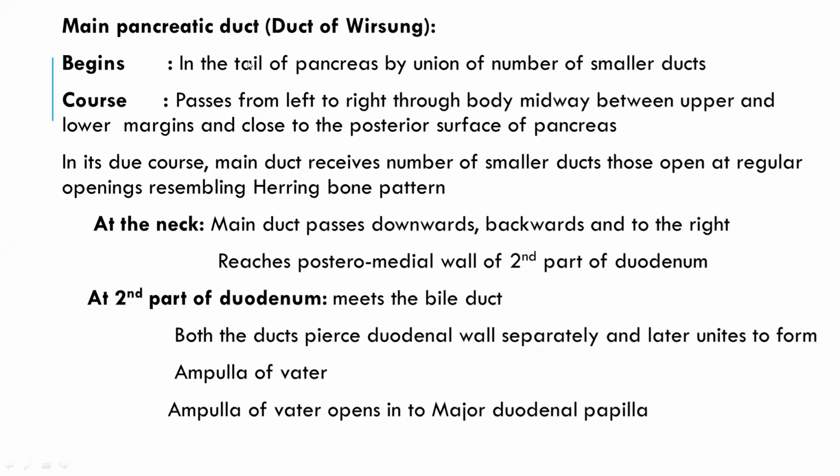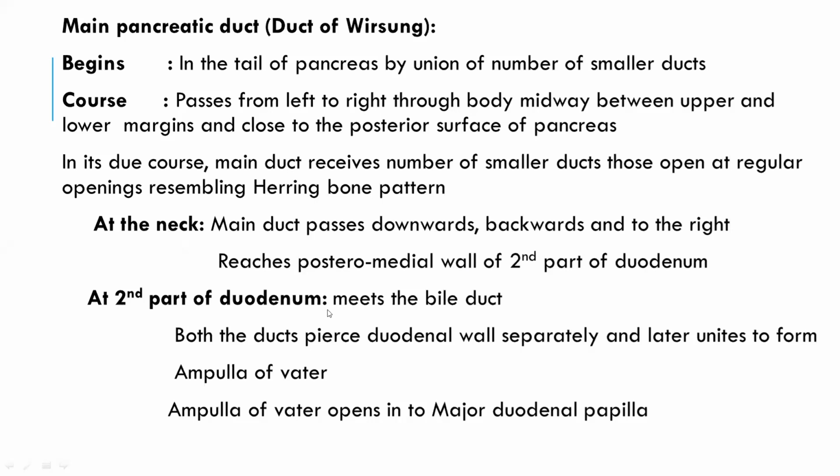So the pancreatic duct, beginning within the tail by union of smaller ducts, reaches the second part of duodenum, where it meets the bile duct.